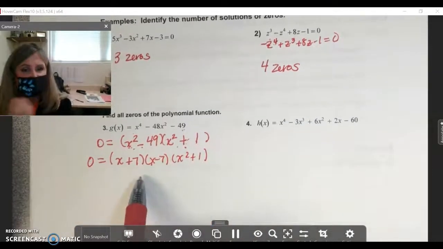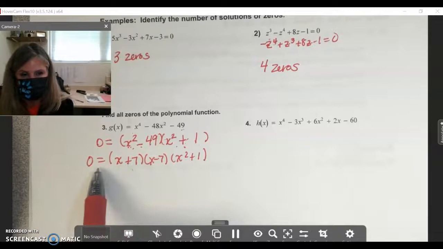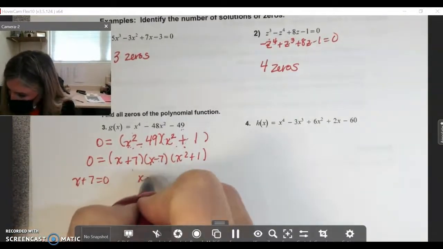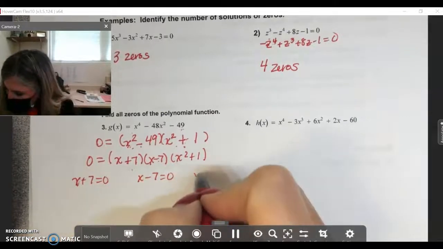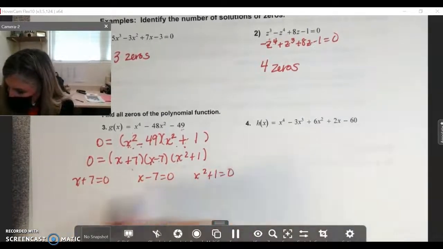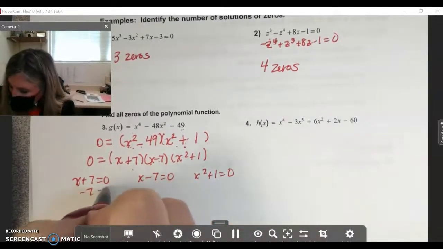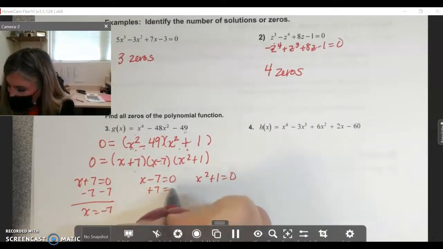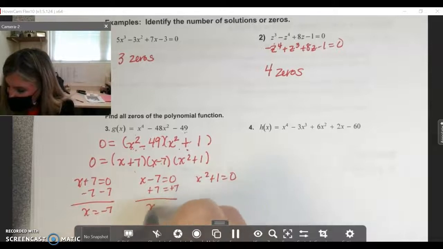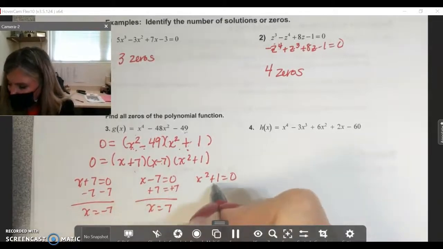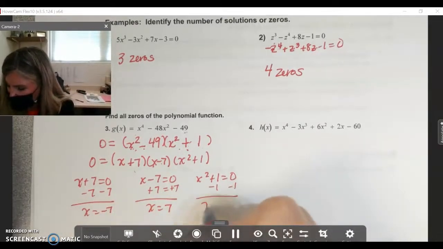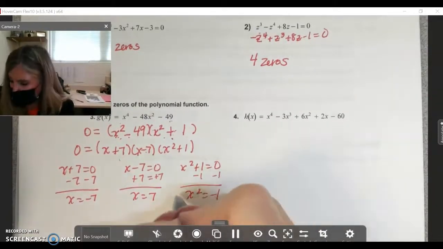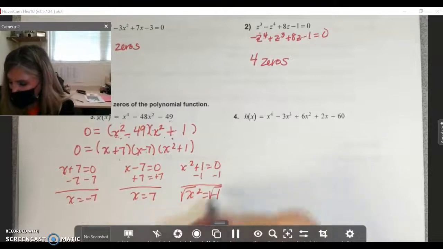So now to find our zeros, we're going to have to set this equal to 0, this equal to 0, and this equal to 0. Solving this one, I'm going to subtract 7. I get x equals negative 7. Add 7. I'm going to get x equals 7. And for this one, I have to subtract 1. And I get x squared equals negative 1. So I'm going to have to take the square root.